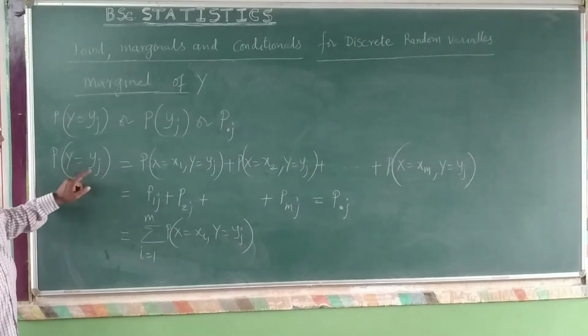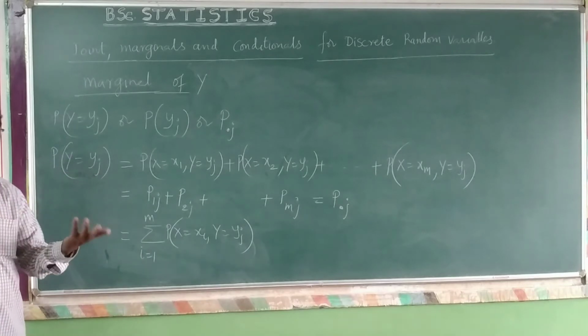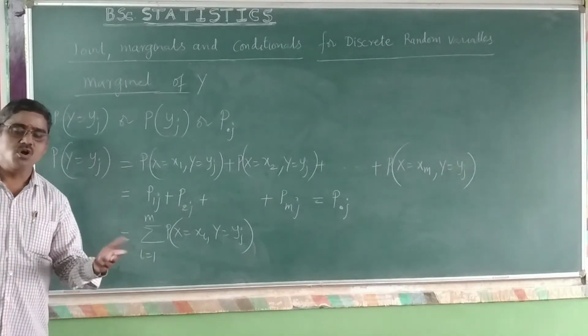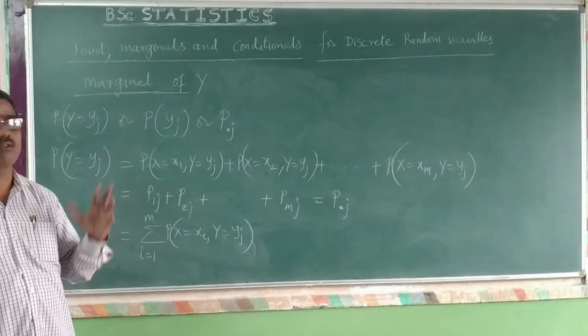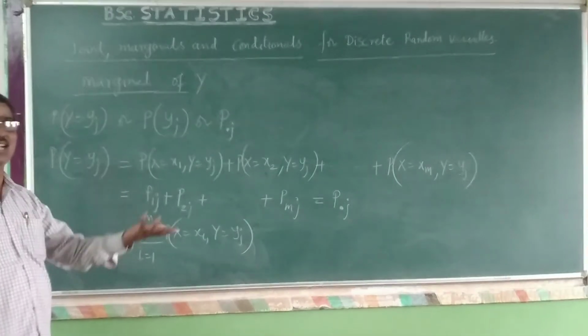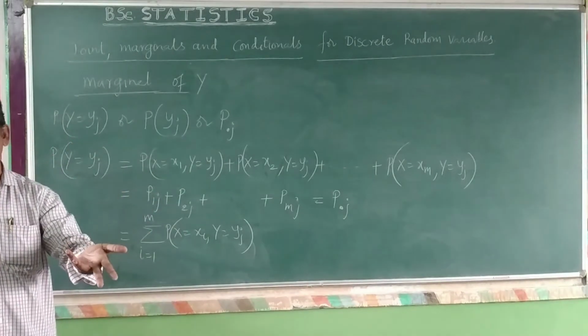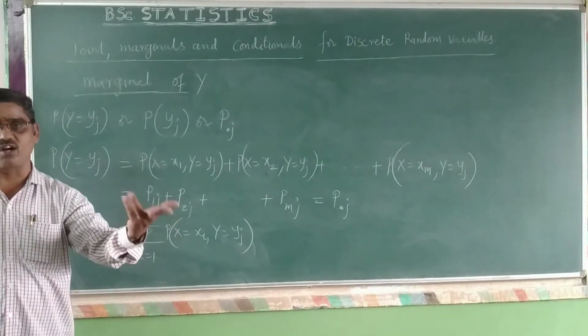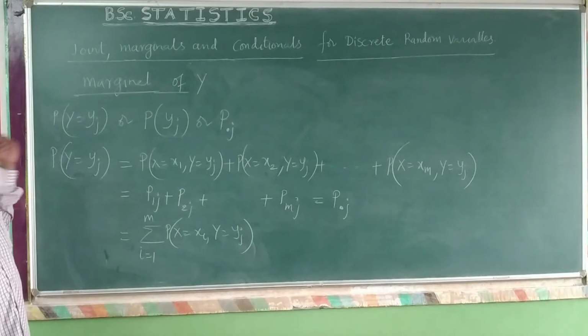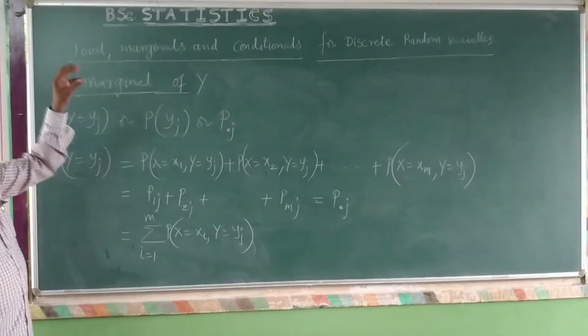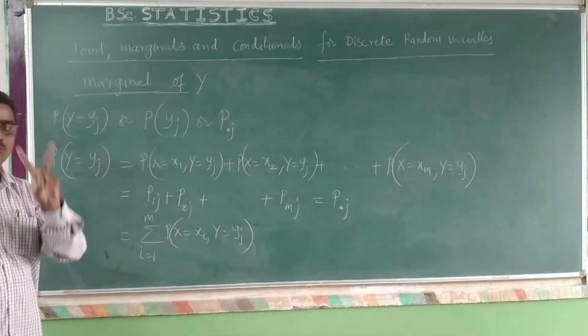Similarly, we can calculate probability y is equal to y1, probability y is equal to y2, probability y is equal to yn. All the values will be calculated, which are called marginals. How many marginals will you have? As many as the number of values for that particular variable. That many marginal functions are going to be calculated. So this is the marginal of x and the marginal of y, two marginals.